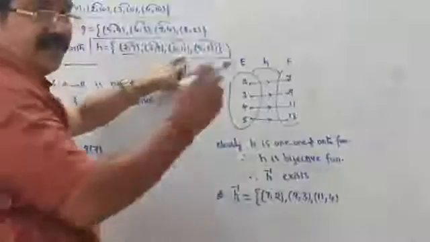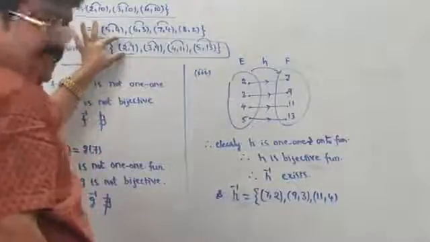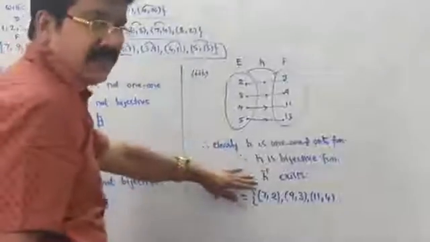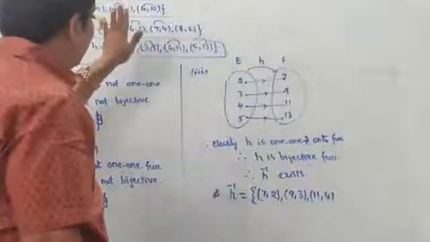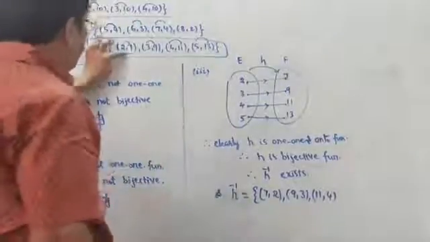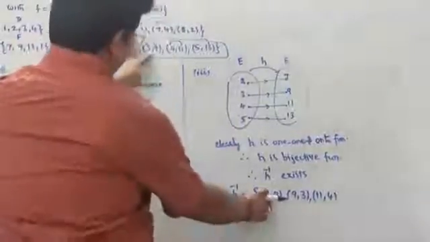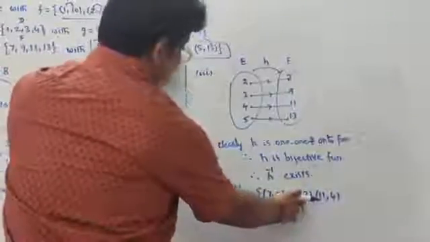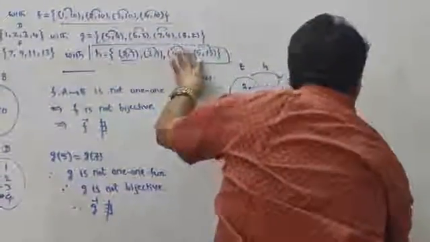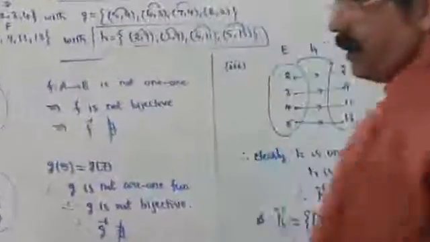We must write in reverse order: if (a, b) is in h, we must write (b, a) in h inverse. So (2, 7) becomes (7, 2), (3, 9) becomes (9, 3), (4, 11) becomes (11, 4), (5, 13) becomes (13, 5). So this is h inverse. Hence the problem.